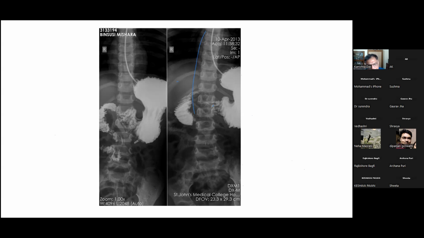Fine. So you put in the contrast. Now it's not going. What do you do? Yes, sir. So I'll picture the DJ. It's not going. So I'll repeat an X-ray in 15 minutes. No. You are there in the contrast suite. It's not going down. Are there maneuvers which we do for it to go across?